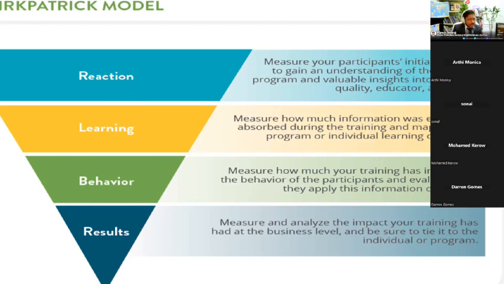Has their behavior changed, with behavioral modifications as a result of the training, and evaluate how they apply the information on the job, whether they are able to follow Kaizen, 5S, organizing, keeping it clean. Do they have 5S implementation? Are they able to do it? You need to check. Then the results: measure and analyze the impact your training has had at the business level, and be sure to tie it to the individual or the program.